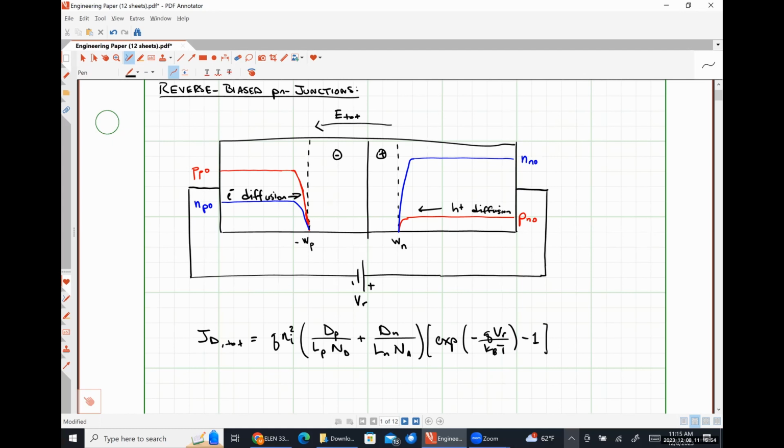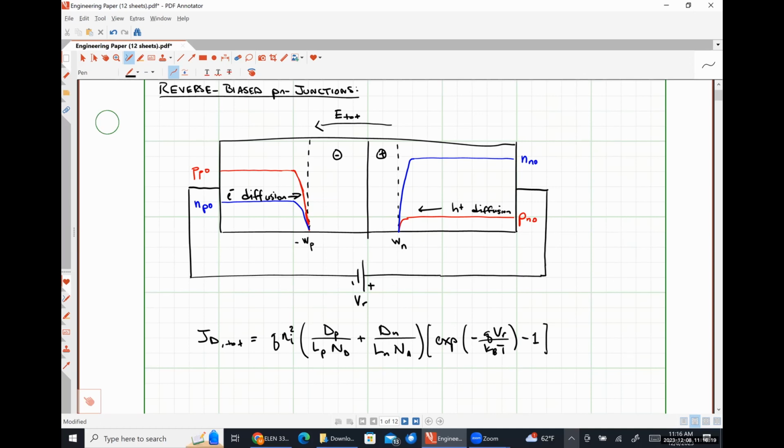Well, let's talk about what's going on here. When we had our forward bias PN junction, we saw that for an applied voltage of just a few thermal voltages, our current got very, very large, exponentially growing to where this factor of -1 really didn't mean anything.